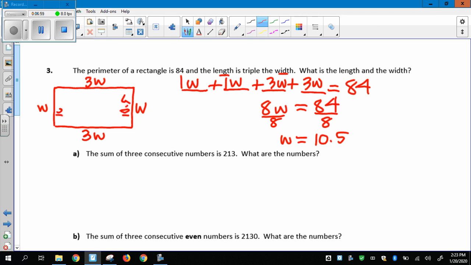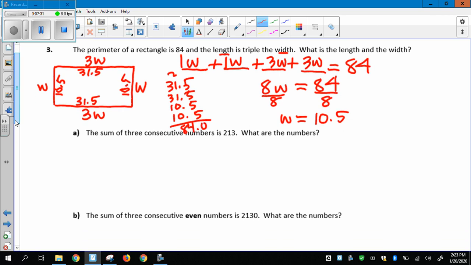So that means this is 10.5. And then my length is triple that, which would be 31.5. And then my final check would be I want to add all those up. 31.5, 31.5, 10.5, and 10.5. And make sure that that equals 84, which it does.